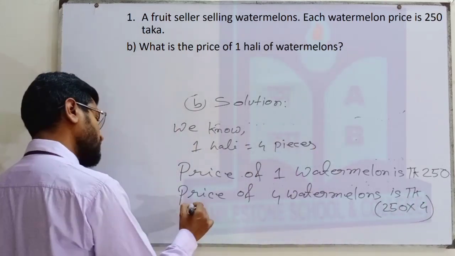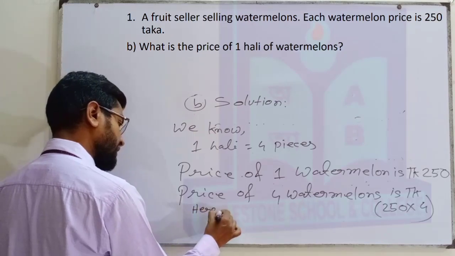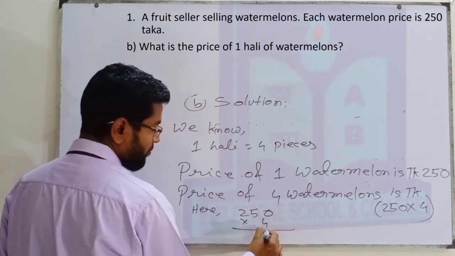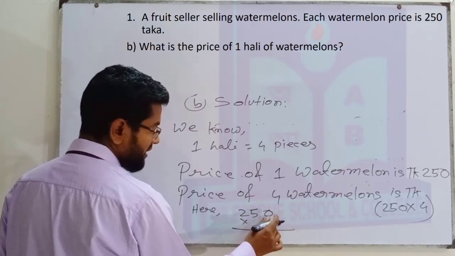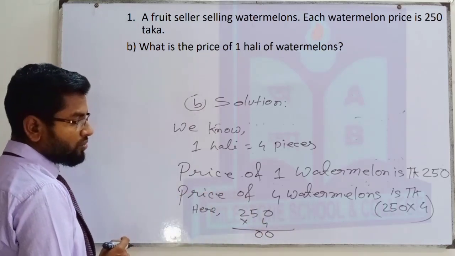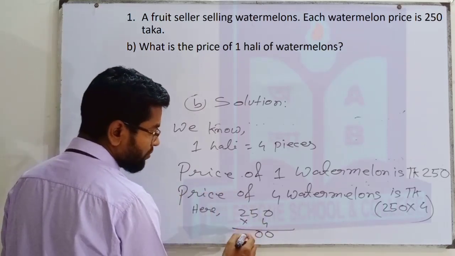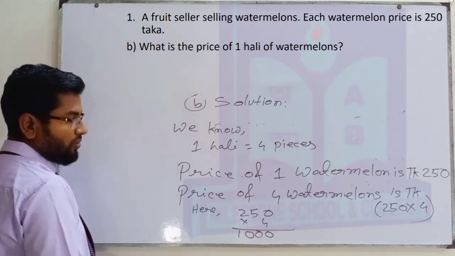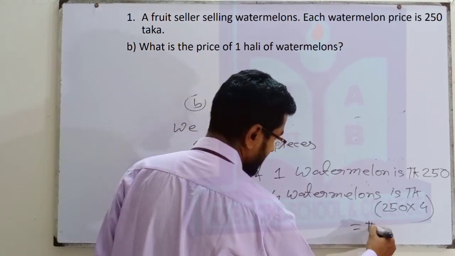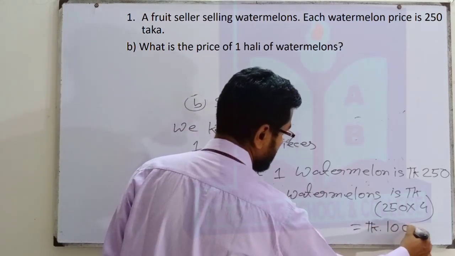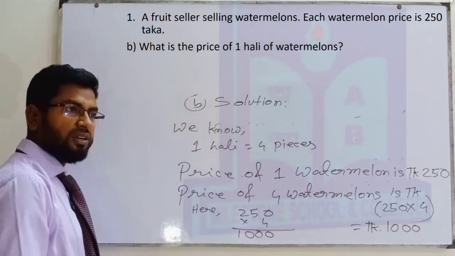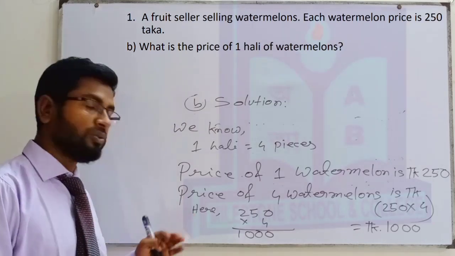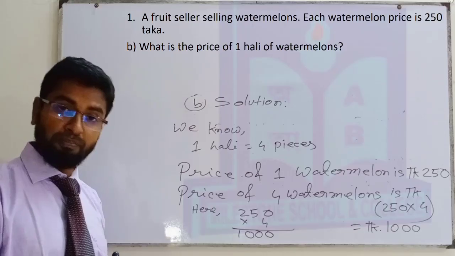We will show the raw work here. 250 multiply 4. 4 0s are 0, 4 5s are 20, then 4 2s are 8, 8 and 2, tell me, 10. So we will write taka 1000. This is answer. We must write answer. Okay, so this is number B.